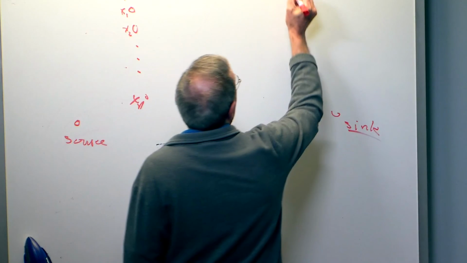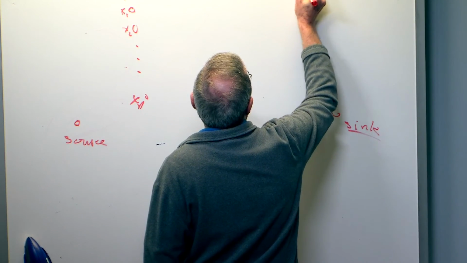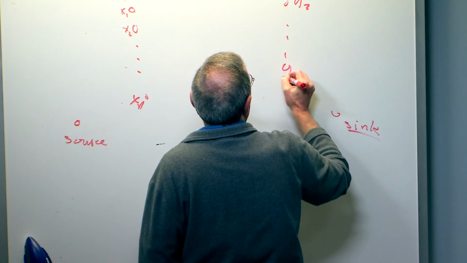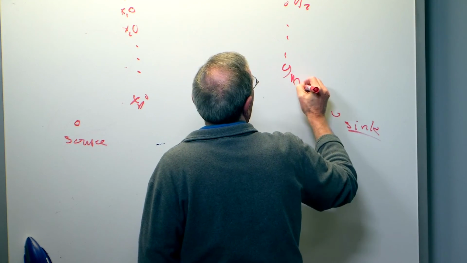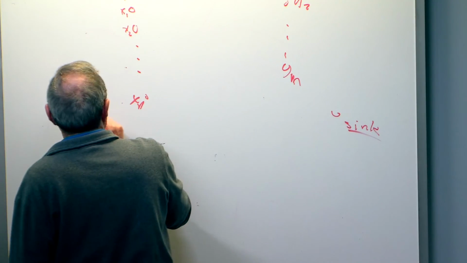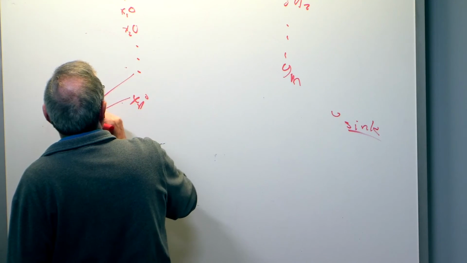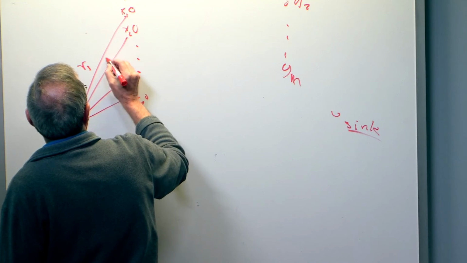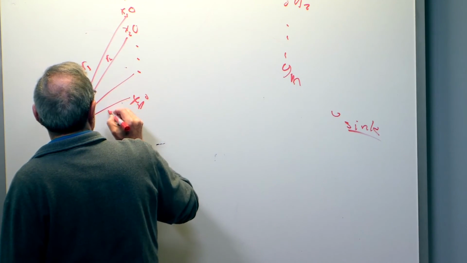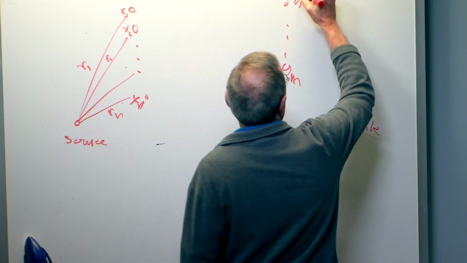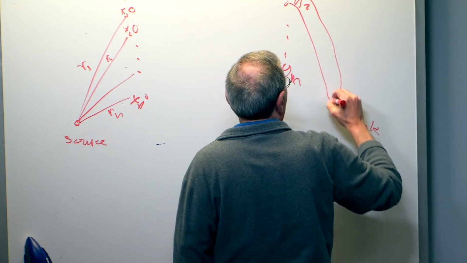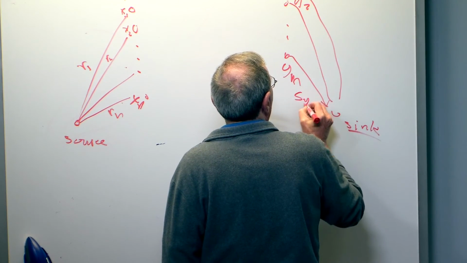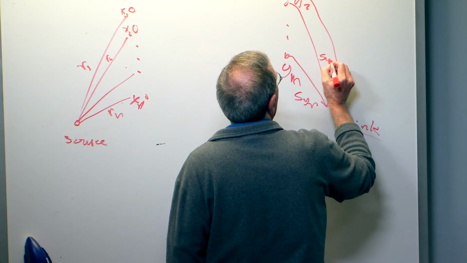And over here I'll list g as y1, y2, y sub m. And now what I'll do is I will put arcs from the source to each one of these, and I'll label it with the weight. And so that's r_n. And now I'll put arrows from each of these to the sink, and I'll label these with their weights.